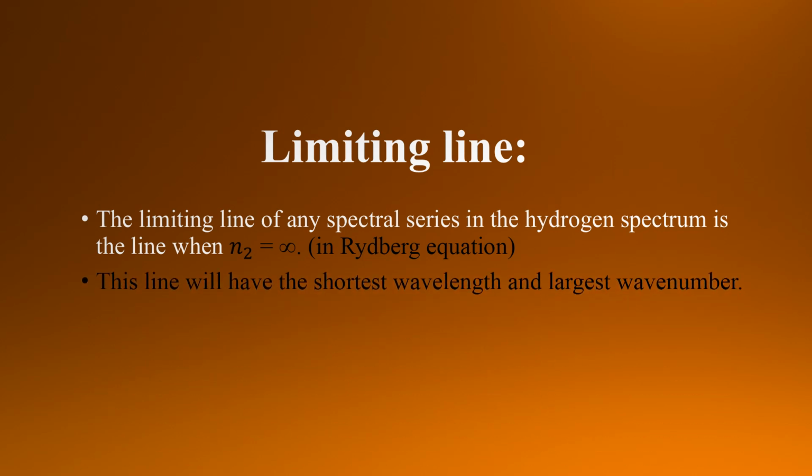This line will have the shortest wavelength, because our Rydberg equation is 1 upon lambda. As n2 is infinity, we get the line of shortest wavelength and the largest wave number. So this is known as the limiting line.